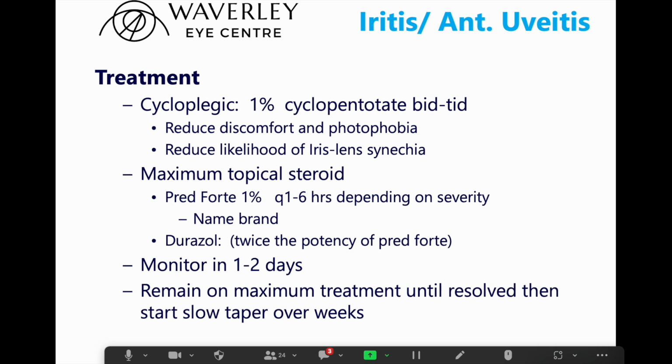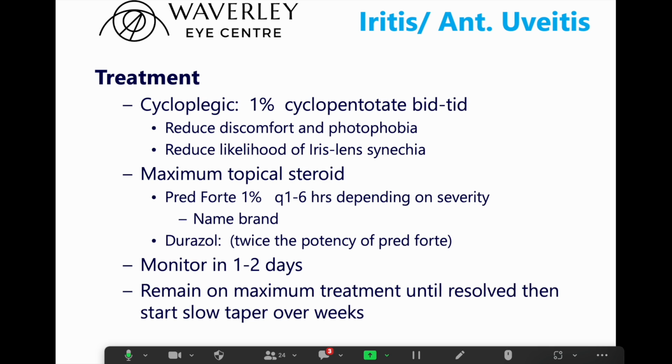Treatment for this: we're going to put them on a cycloplegic when you have an iritis, because it is inflaming the ciliary body. That's going to cause pain and discomfort. So the cycloplegic is going to freeze that iris so they don't have that discomfort. And then we put them on maximum topical steroids. We hit them with the strongest steroid we have, as much as we can, to try to get that inflammation down as quickly as possible.